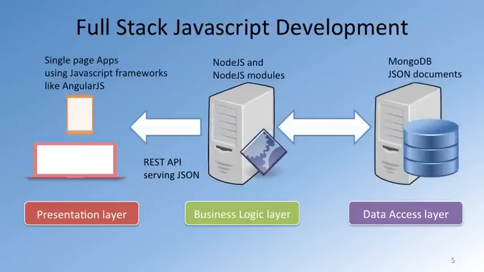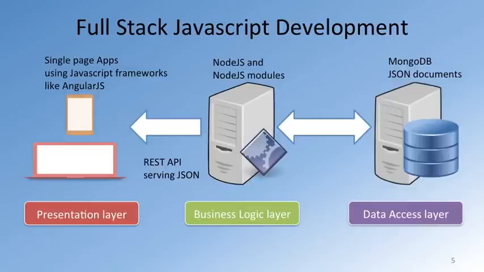There is an increasing trend towards full stack web development where a single language is used for implementation over the entire stack. So you could be having the front end implemented as a single page application using one of the JavaScript frameworks like AngularJS.